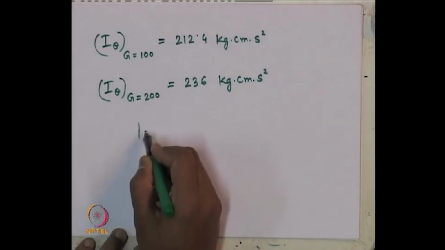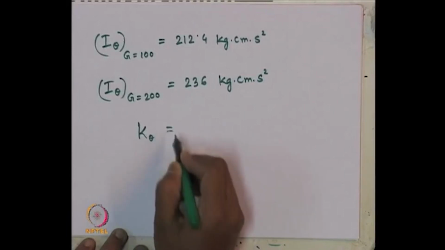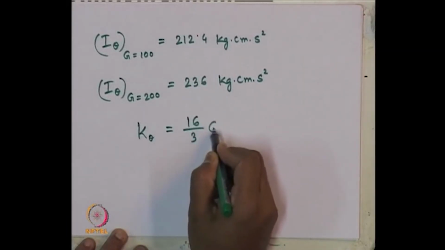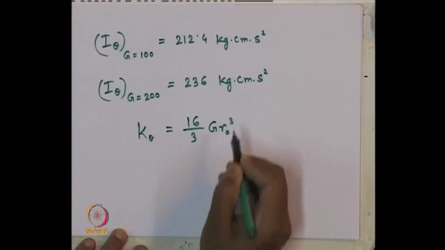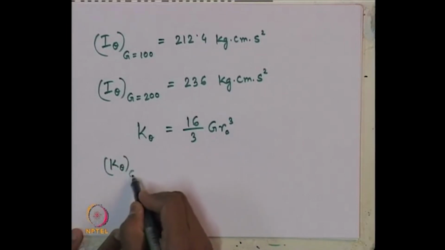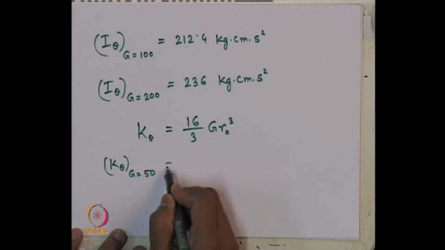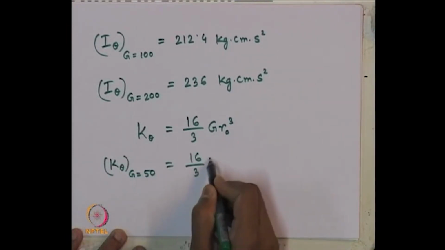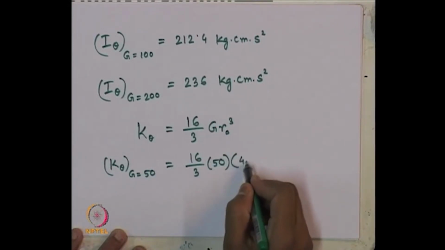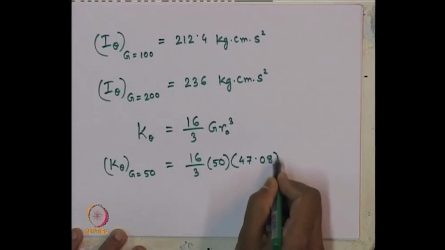Now, next is expression for k theta, the stiffness, that is 16 by 3 g r naught cube. So, k theta for g equals to 50 will be 16 by 3 into 50, r naught is 47.08 cubed.